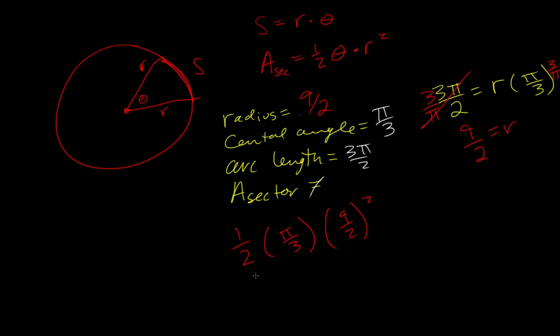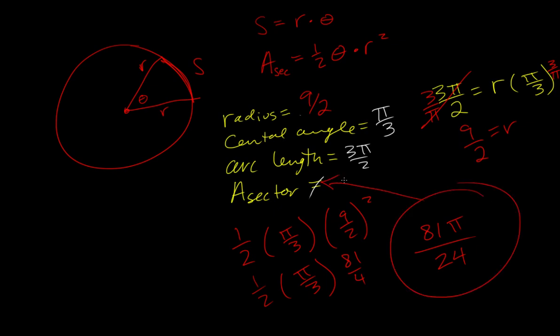When we square a fraction, we square the top and square the bottom, so we get 81/4. Multiply all the tops, all the bottoms, we get 81 pi over 6 times 4, 24. We could definitely simplify that, but I'm just going to leave it and turn it in there.